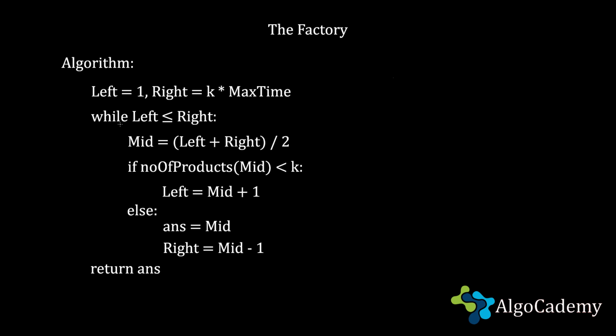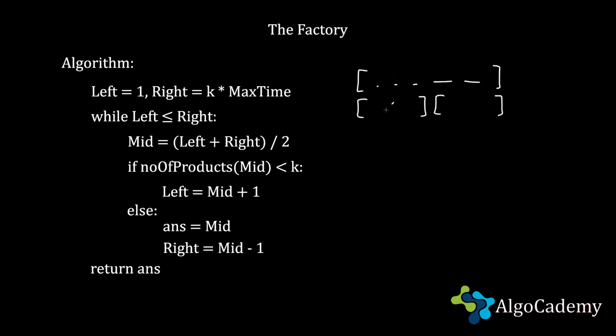So also be careful with this. It is of length k crossed max time, right? So I start off with the searching area of length k crossed max time, and then I either keep the left half or the right half of it, which is k crossed max time divided by 2.